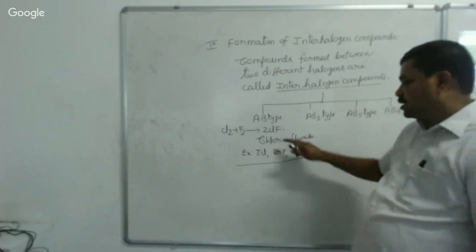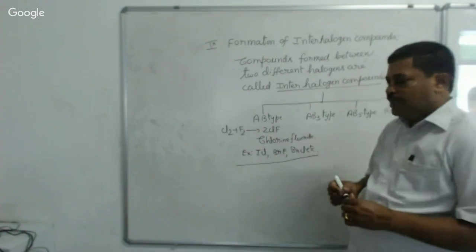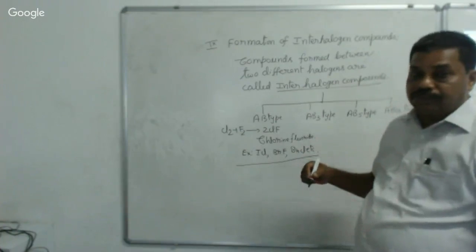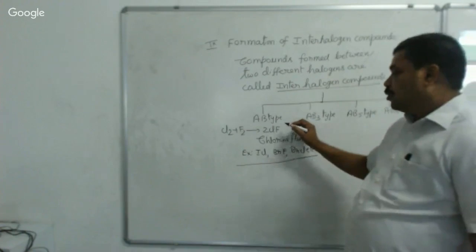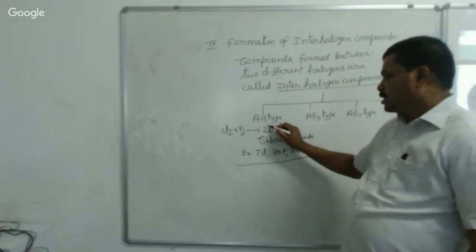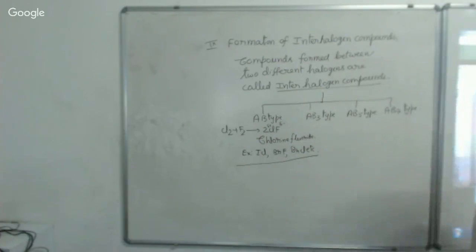Which atom carries partial negative, which atom carries partial positive? F carries partial negative charge. Yes. And chlorine carries partial positive. So the type of bond between the halogen atoms in interhalogen compounds is polar covalent, and the negative charge will be carried by the more electronegative atom. Positive charge is carried by the less electronegative atom.